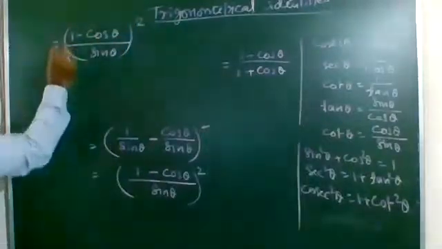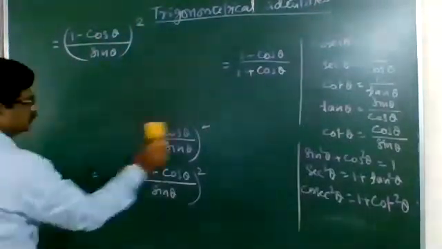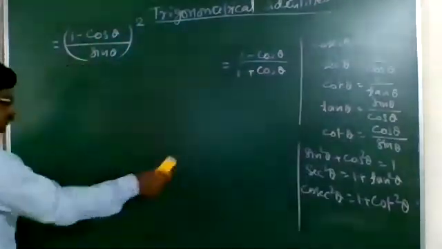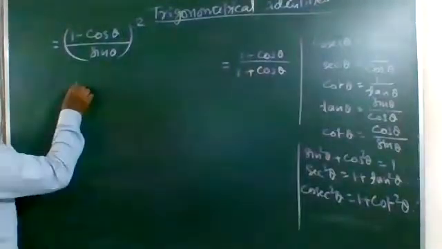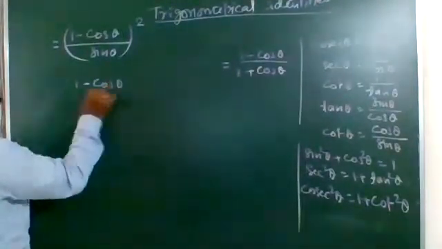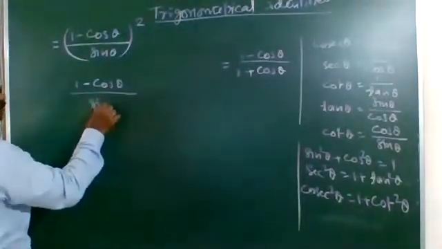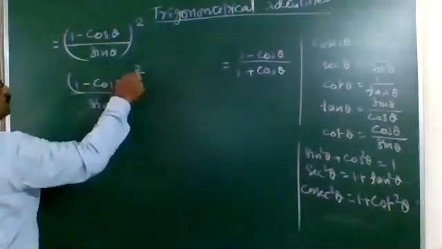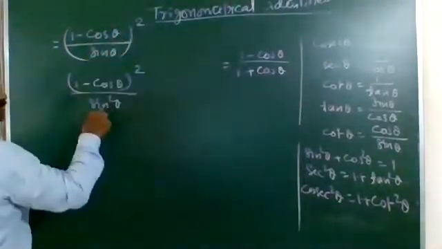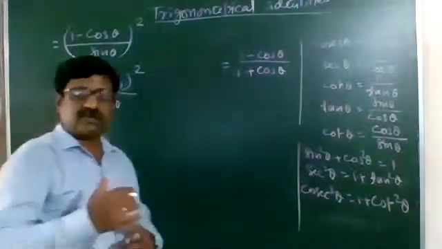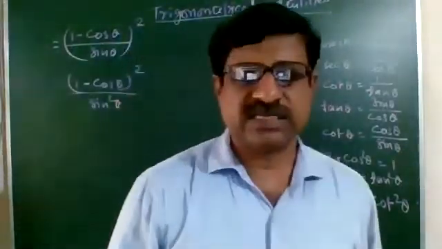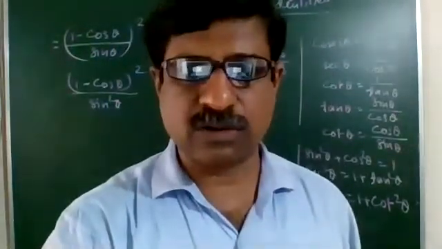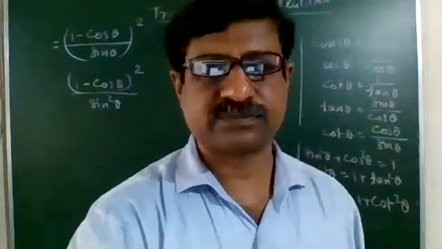We will write it separately: (1 minus cos theta) whole square upon sin square theta. Sin theta whole square means sin square theta.